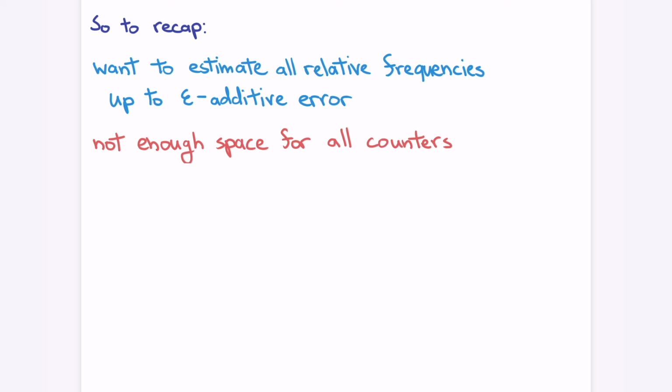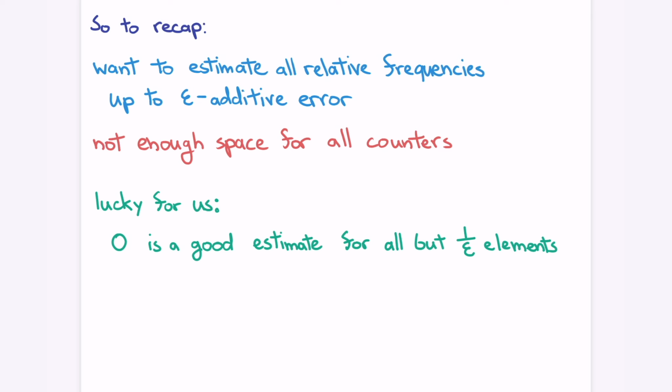For most of them, 0 is a very good estimate, right? Because only 1 over epsilon elements can appear even an epsilon fraction of the time. So if you had 0 for most of them, that would potentially fit in small space. If you can, for example, keep track of the IDs and the values of just the heavy ones, then you'd be okay. It's not exactly what we'll do, but good.